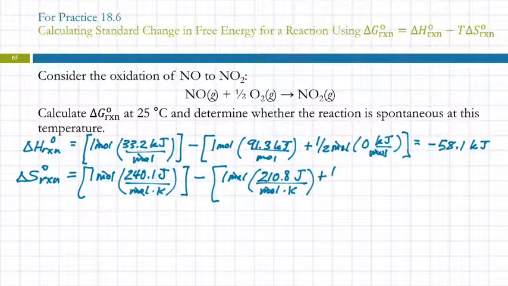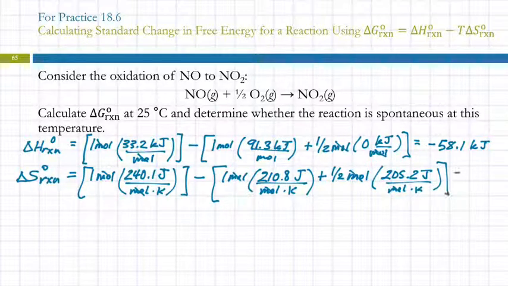Plus 1/2 mole times the standard entropy for oxygen gas, which is not 0, 205.2 joules per mole Kelvin. Moles cancel. What I like about this is the process of doing the calculation.